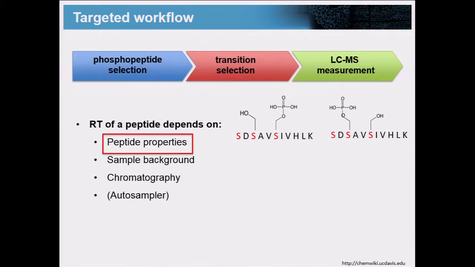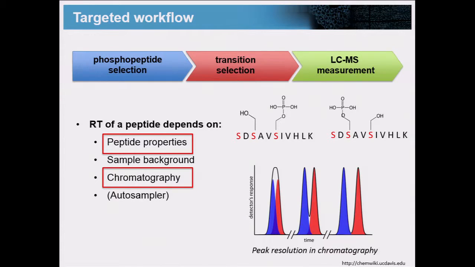When we look at peptide properties, the two peptides we looked at before have the same mass, but there is something a little bit different in the chemistry of the peptide. The phospho is somewhere a little bit different. Maybe the distribution of charges is a little bit different, and so on. So there is the possibility that these peptides are not exactly the same, and we could separate them.